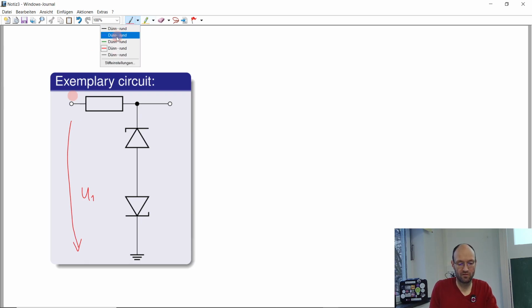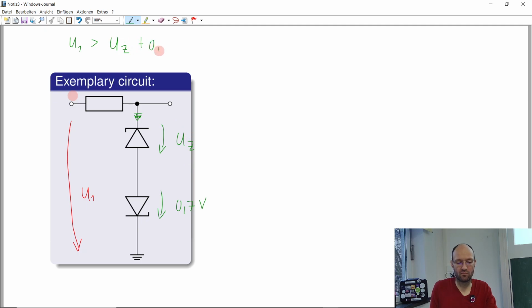If this input voltage is very high, let's say much larger than the Zener voltage of one of these diodes, then we will have a current going in this way. This diode will be just conducting in this case, so we will have the 0.7 volt there, and here we will have the Zener voltage.